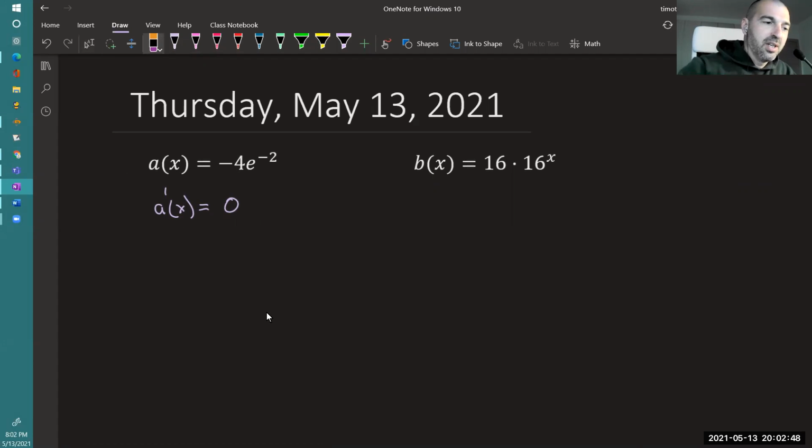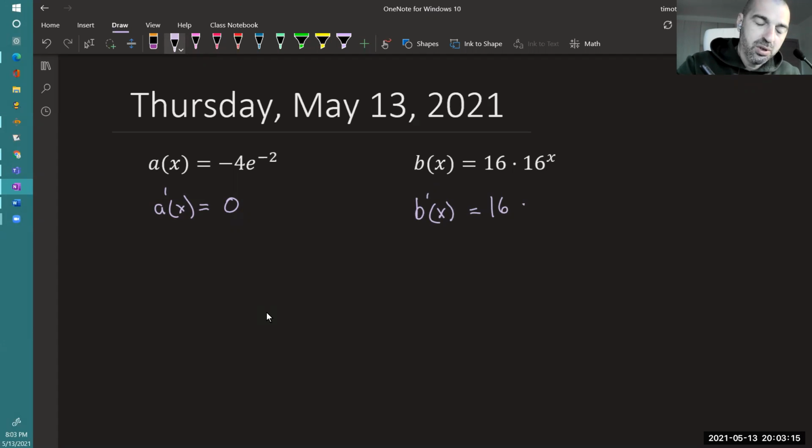All right. Now, over here, we've got 16 times 16 to the x. This is going to be our power rule. Let's see, we're going to write b prime of x. The 16 stays, constant multiple rule right there.